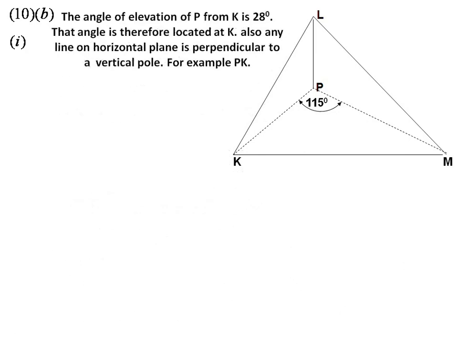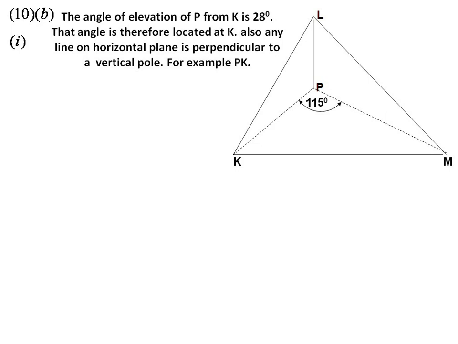The angle of elevation of P from K is 28 degrees. The angle is therefore located at K. Also, any line on horizontal plane is perpendicular to a vertical pole. For example, PK is on horizontal ground.